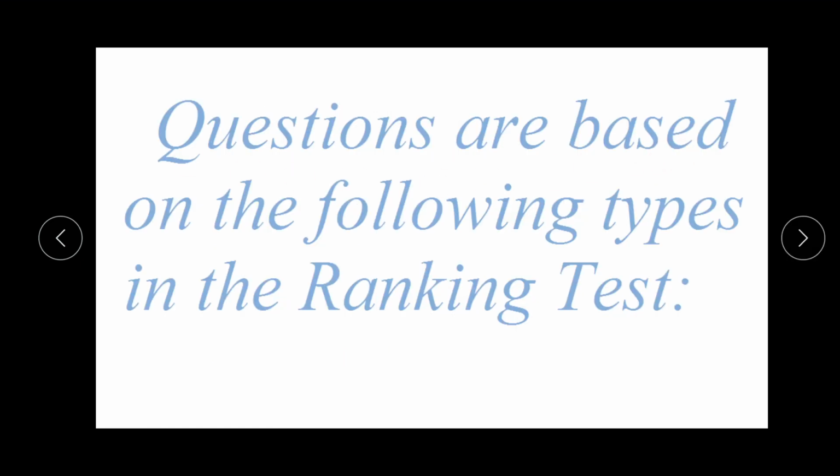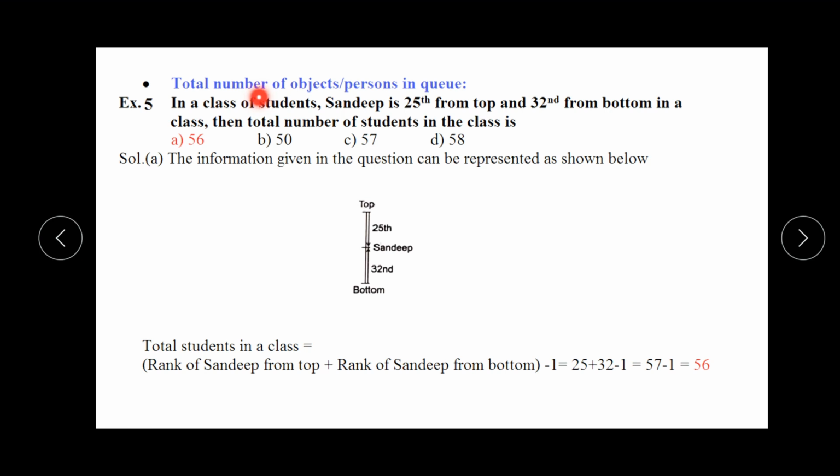Questions in the ranking test are based on the following types. The first type is the total number of objects or persons in the queue. In this we find the total number of persons in the queue on the basis of the positions.